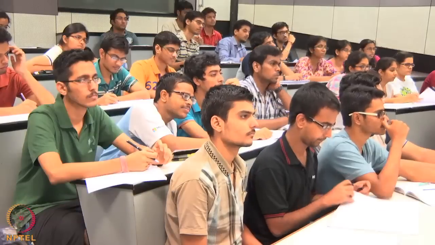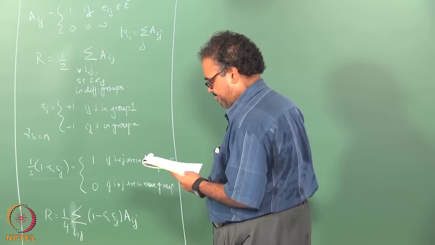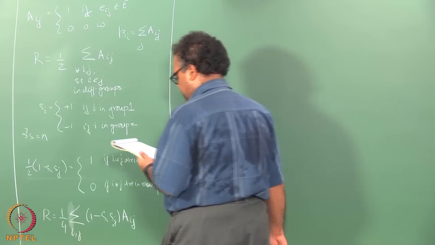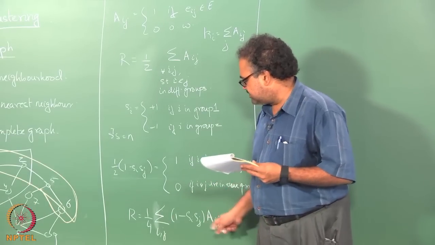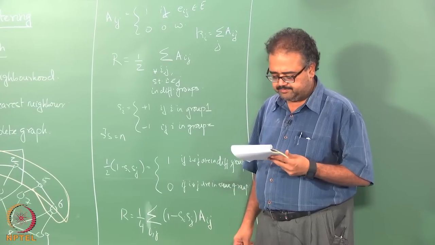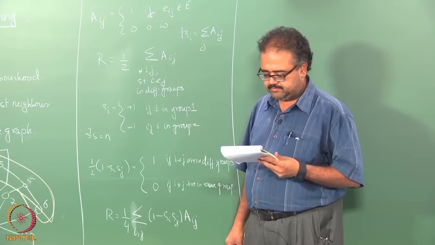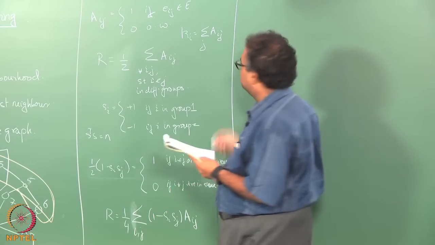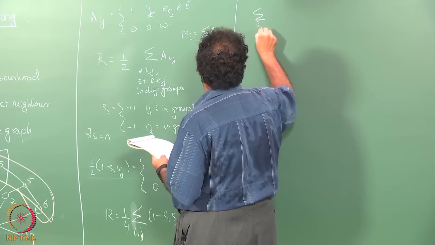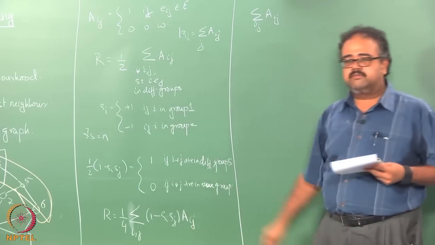So that will give me the degree of node i, okay. So what will be the first term in here? Just a_ij summed over ij, that will be the first term for R, okay.